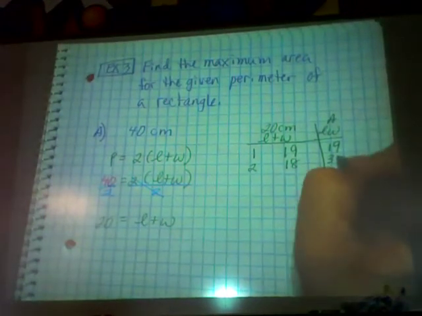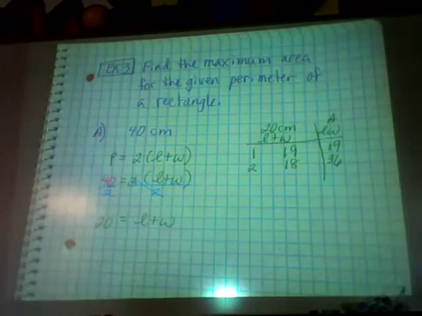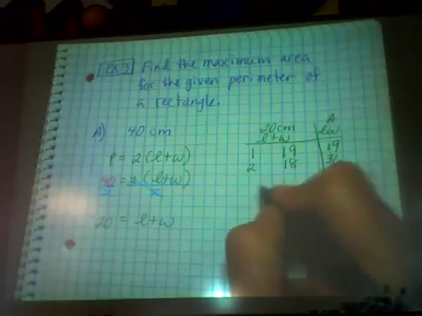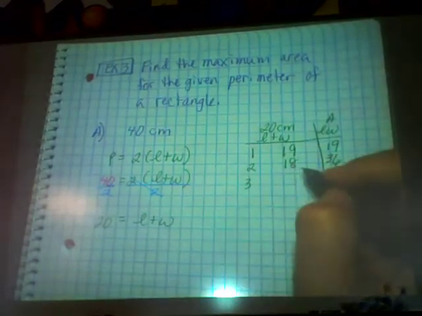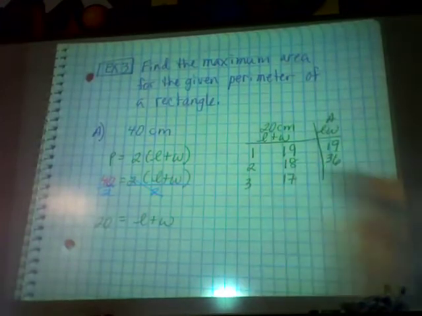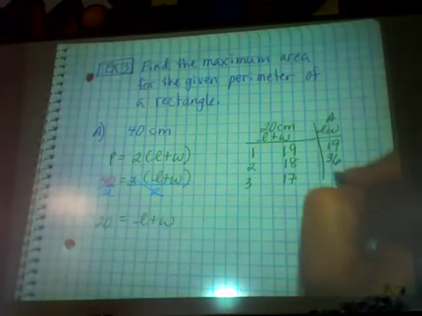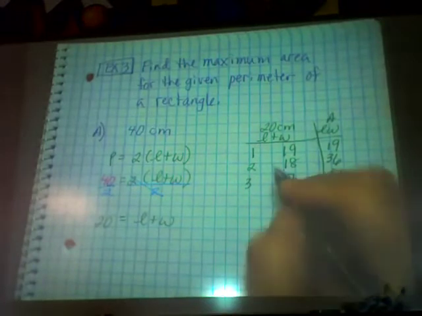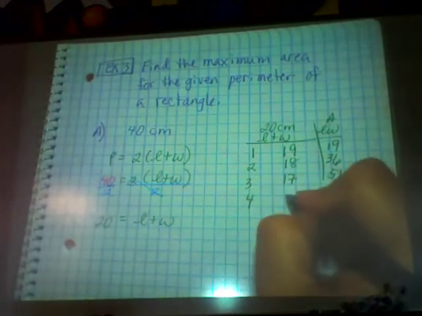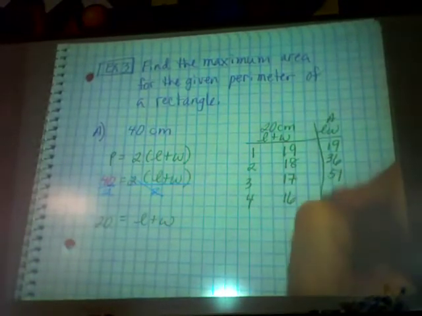So 36 is a bigger area than 19, right? So far I have a bigger area. Let's keep going and see what's going to give me my biggest area altogether. So I could have 3 and what? 17. What's 3 times 17? 51. Bigger still. 4 and what? 16, which gives me 64.